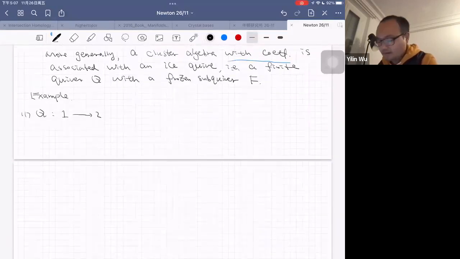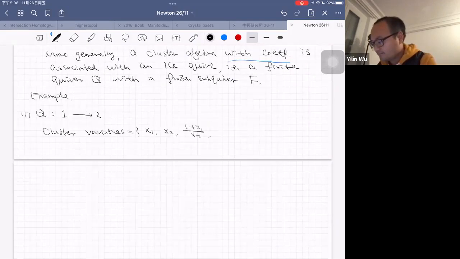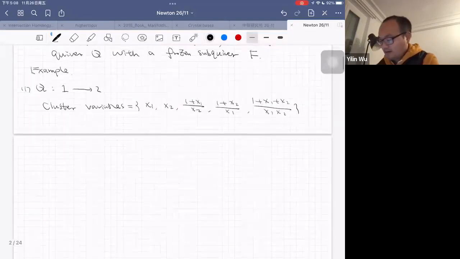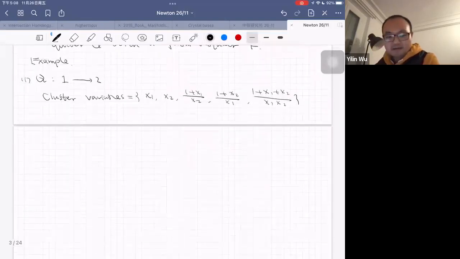Then we have the cluster variables, with 5 elements. This example has no coefficient, and then we consider the second one, which is from Lie theory.